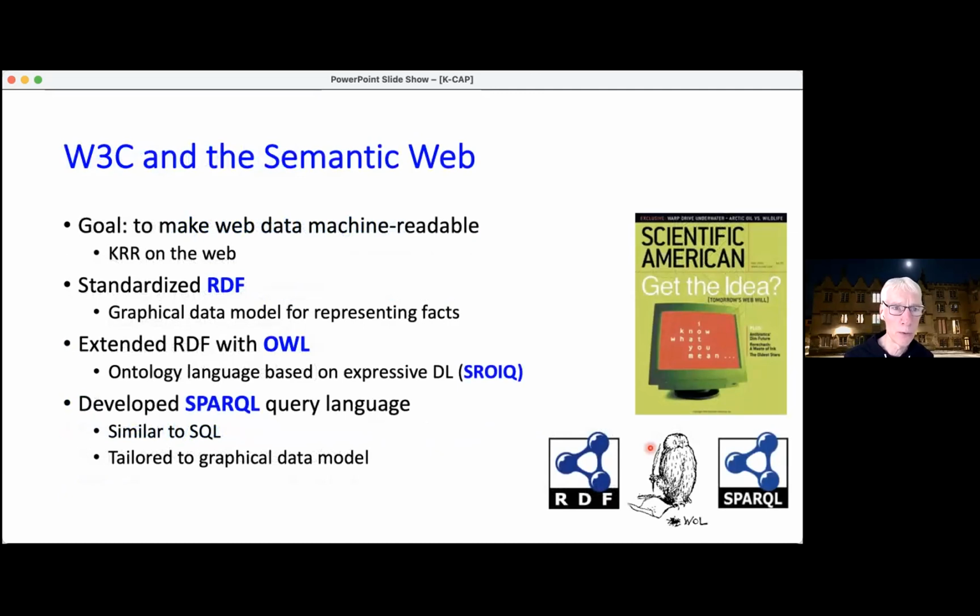And so this was the reason why, coming back to the W3C and the semantic web activity, this was the reason why the W3C decided to base OWL on a description logic, because this description logic in question was the result of long-standing research into the space. They decided to choose this description logic SROIQ, which is at kind of the most powerful end of this trade-off between computational complexity and expressive power.